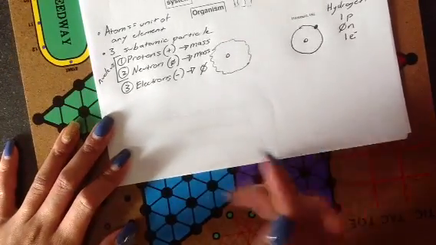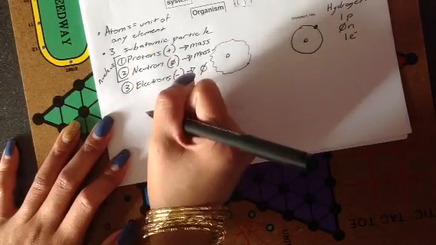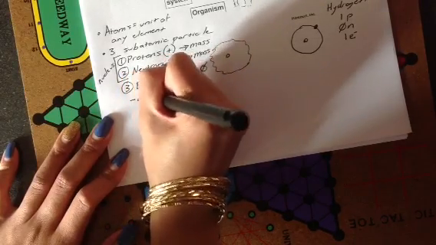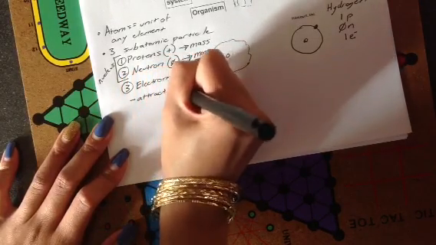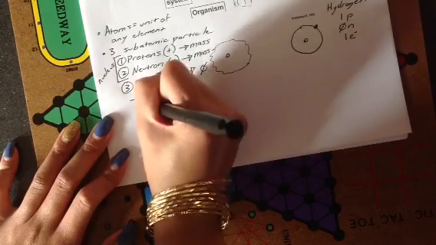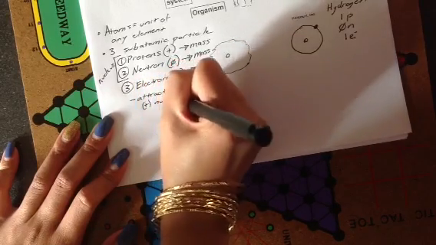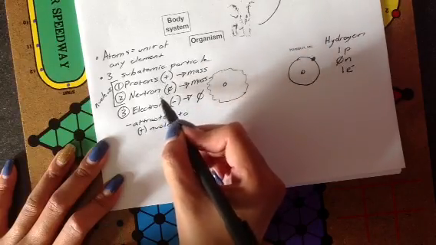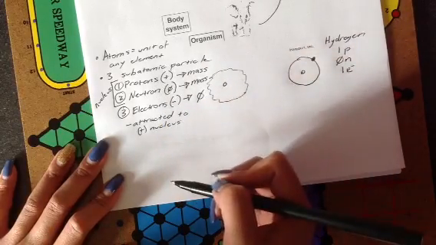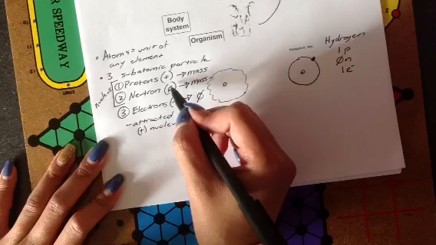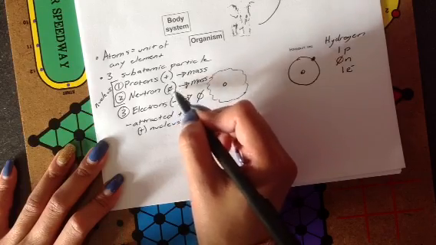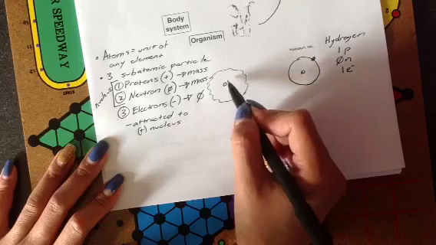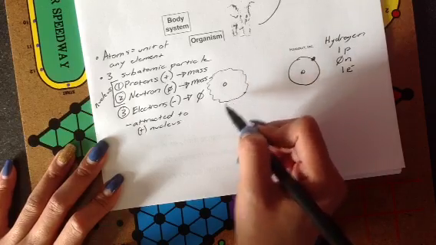Now with electrons, there's some properties of electrons that we need to keep in mind. Electrons are going to be attracted to the positive nucleus. And that should make sense to you because we only have protons and neutrons inside of the nucleus of the atom. And because neutrons are neutral, they have no charge, the positive proton will make up the majority of the charge in the center of the atom.